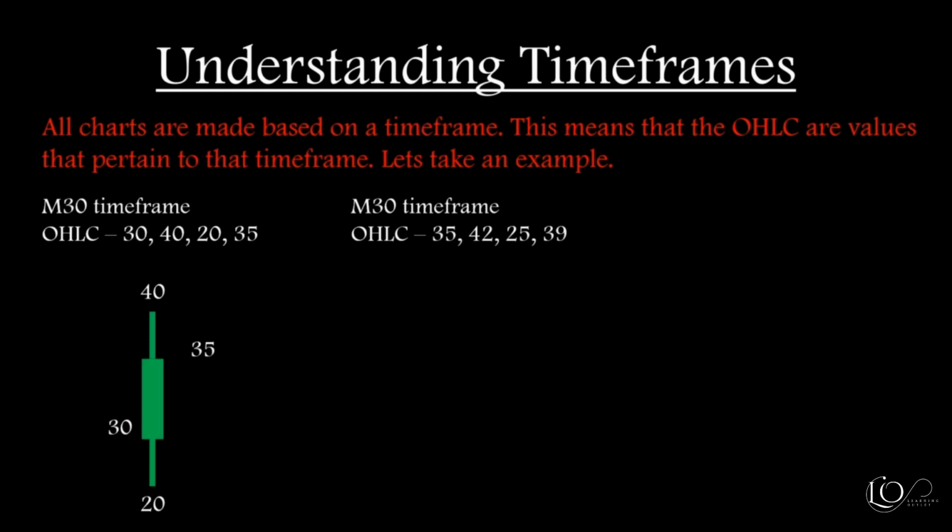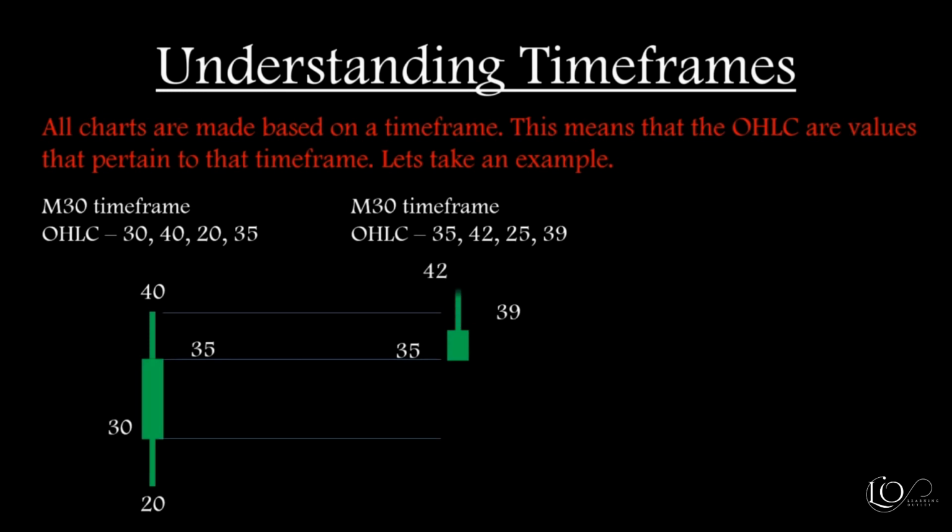Now the very next candle in this chart is also going to be an M30 time frame candle, because we're on the M30 chart, and assuming that the OHLC values are 35, 42, 25 and 39, we can go ahead and make the candlestick for this as well. I'm going to draw horizontal lines so it's a little easier for you to see where the opening and the closings are. We'll start at 35, it goes up, it's a green candle, closes at 39.